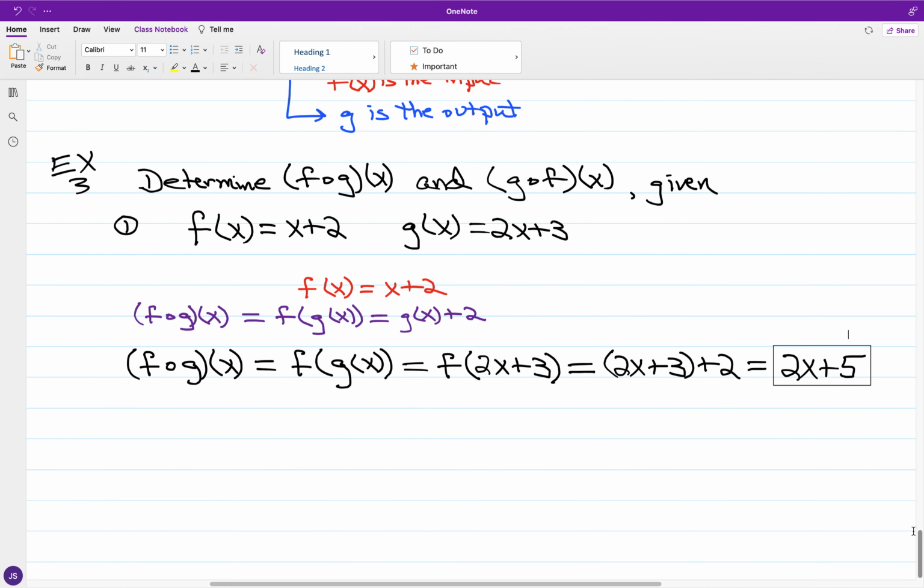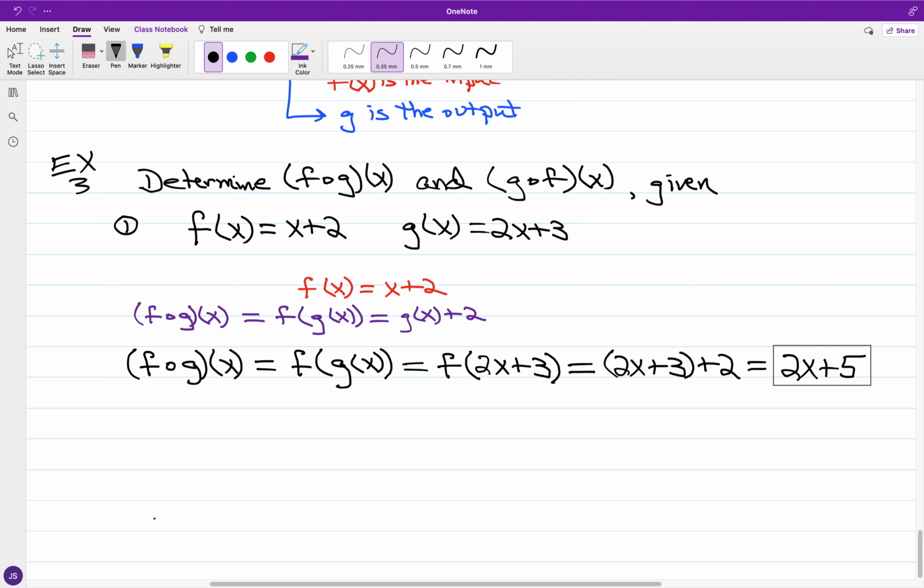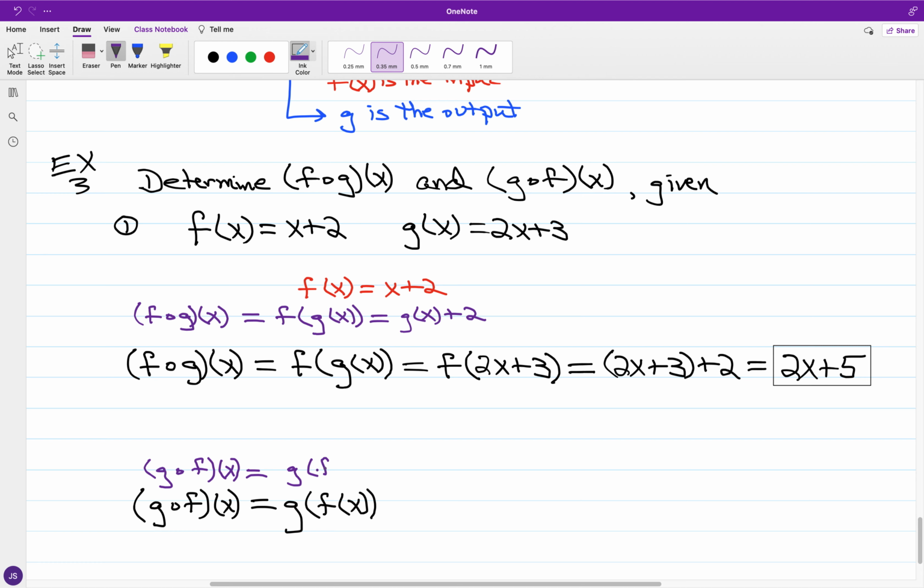Now, if I reverse the order, I got g of f of x, and again, just a visual setup. So you have g composed with f of x. You've got g of f of x.